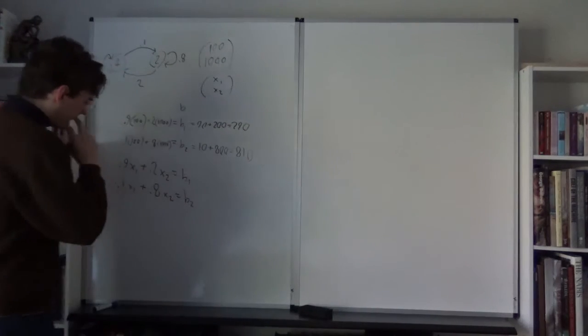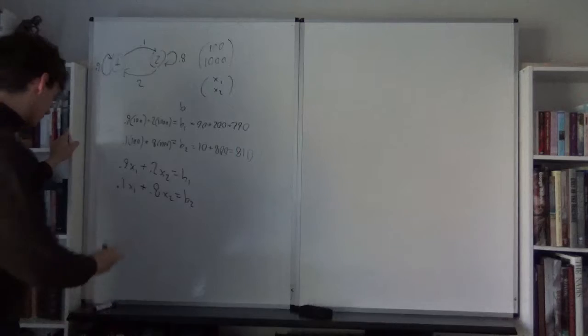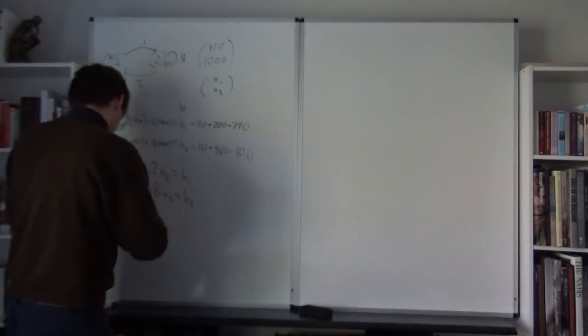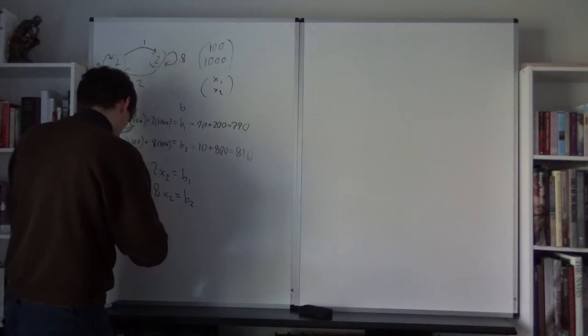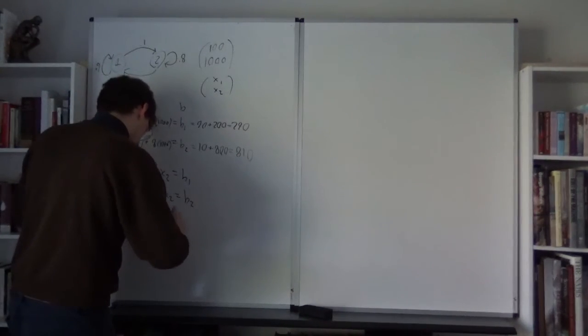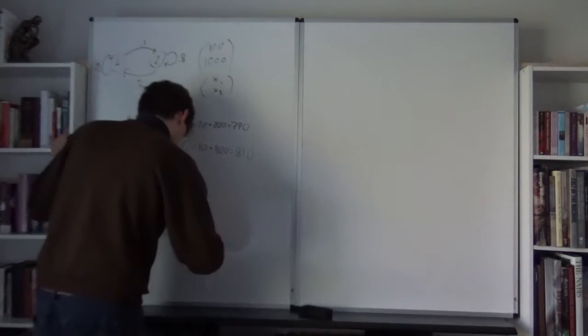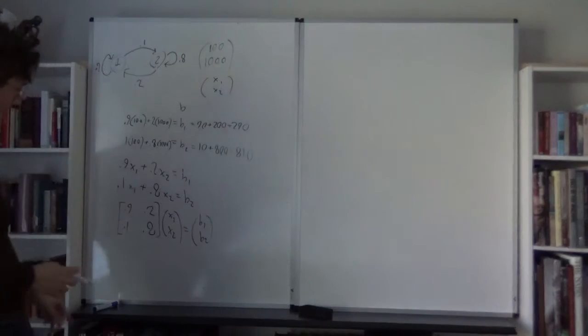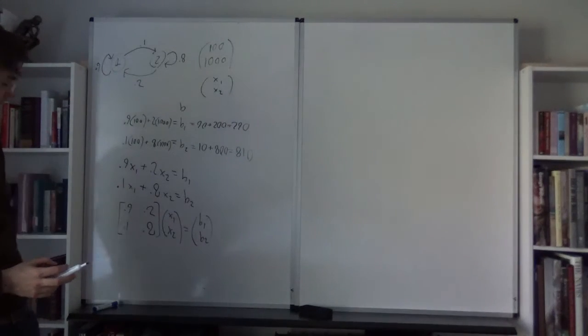Okay? Alright, now one thing we do is we break this up into a matrix, okay? 0.9, 0.2, 0.1, 0.8. Now, why do we do this? Why do we turn this set of linear equations into this thing right here?